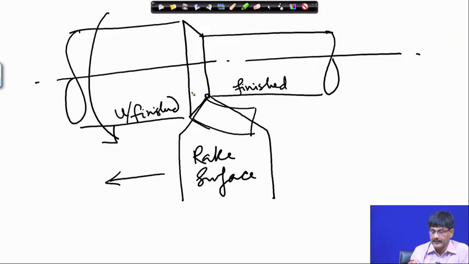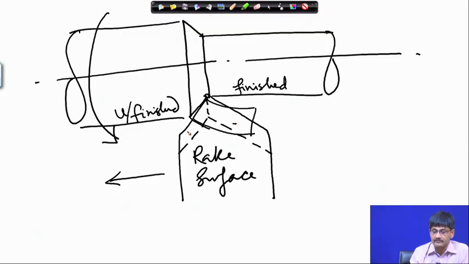So, the principal flank is on this side. We cannot see it from the top, but it is there. It faces the unfinished part. The auxiliary flank, we cannot see it from here, but it faces the finished part of the workpiece. And we can draw dotted lines, of course. So, this is the auxiliary flank which we cannot see from the top.